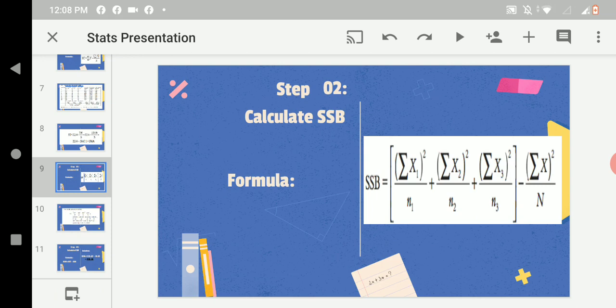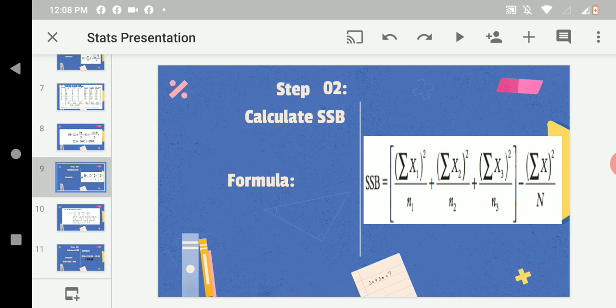We have to put a brace because we will be using parenthesis inside. So we have to look for the summation of x sub 1, summation of x sub 2, and 3, and so forth.